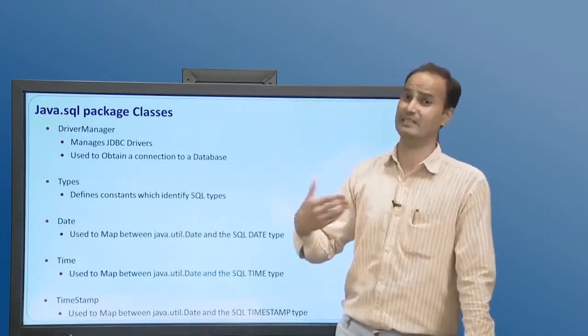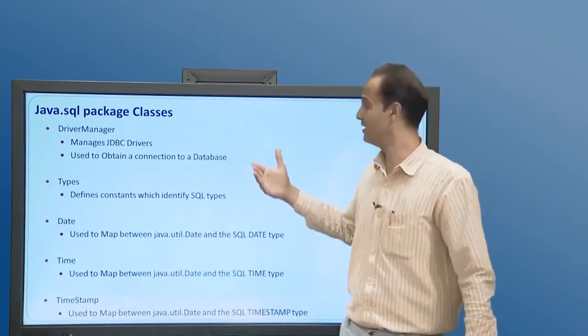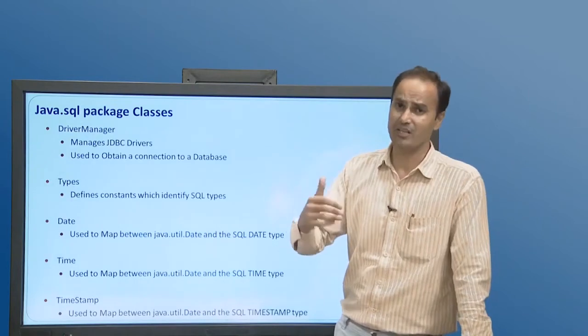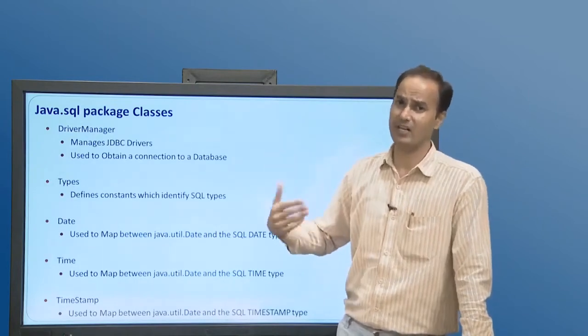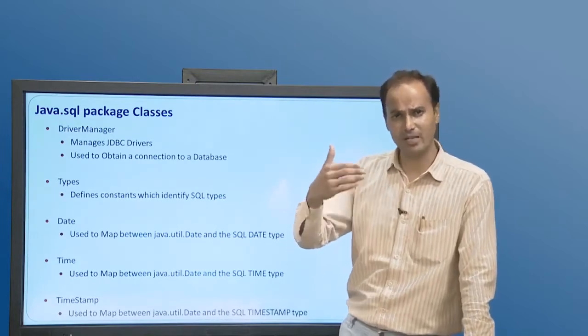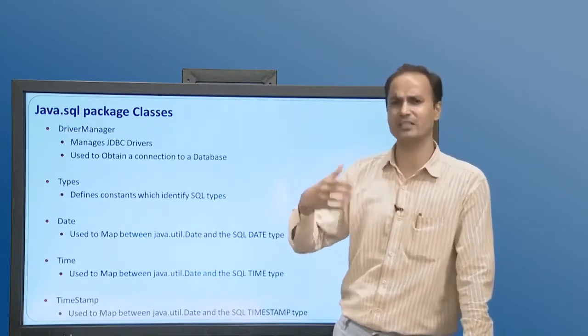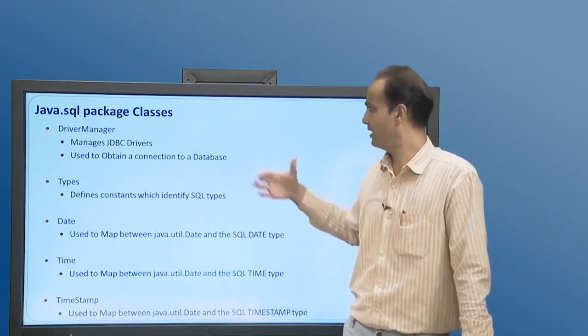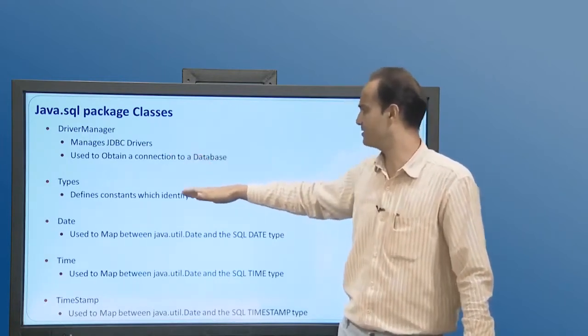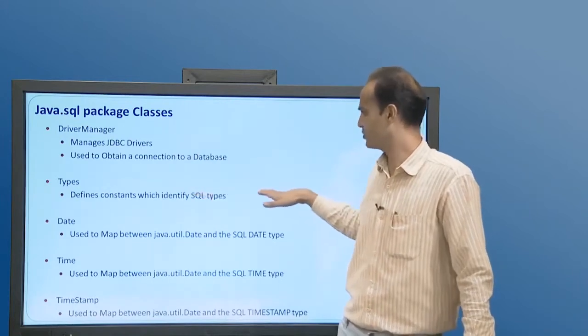What does it do? The DriverManager class helps us to establish the connection with the backend database, and after using this connection we can manipulate data and perform certain other tasks as and when required. Apart from DriverManager, there is the Types class, which defines constants for different SQL types.